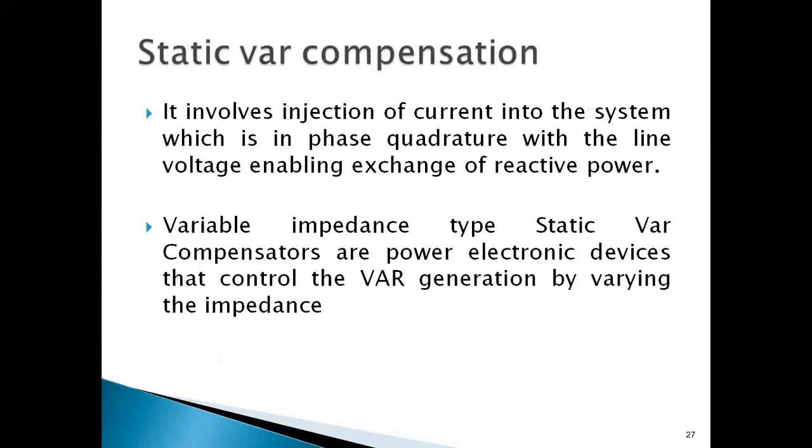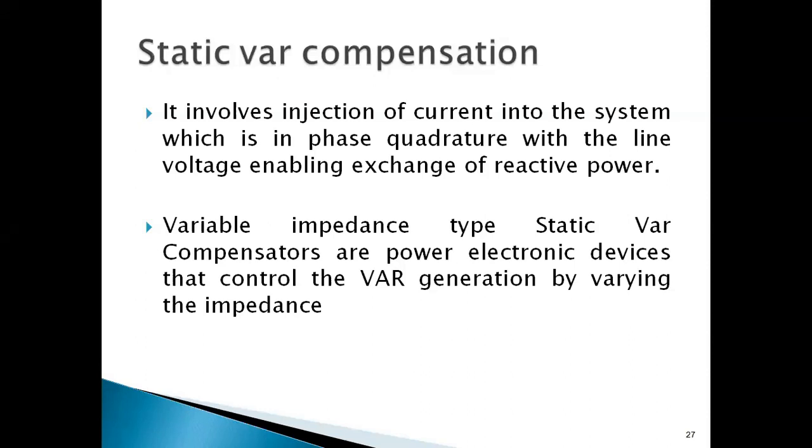Once again, the points are repeated here. The static var compensator injects current into the system. That injected current will be in phase quadrature, meaning 90 degrees apart in phase angle from the line voltage. In the case of a series FACTS controller, I told you it injects voltage that will be in phase quadrature with the line current. Here it is the opposite. Current is injected at a 90-degree phase angle with the transmission line voltage.